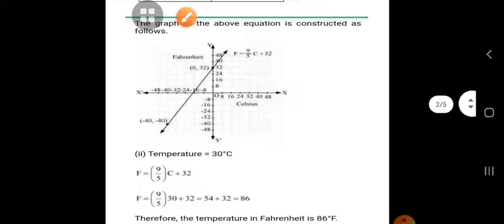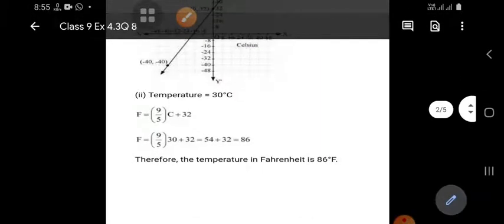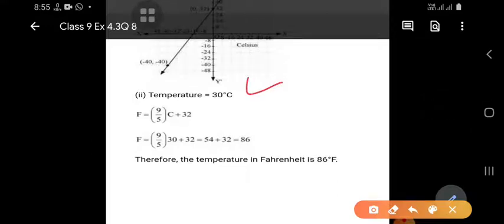So we just put the value: 9 by 5 times 30. Now cut it, 5 6s are 30, 6 9s are 54, plus 32, that is 86. So therefore the temperature in Fahrenheit, F is equal to 86 degrees Fahrenheit. So question number 2 is solved.